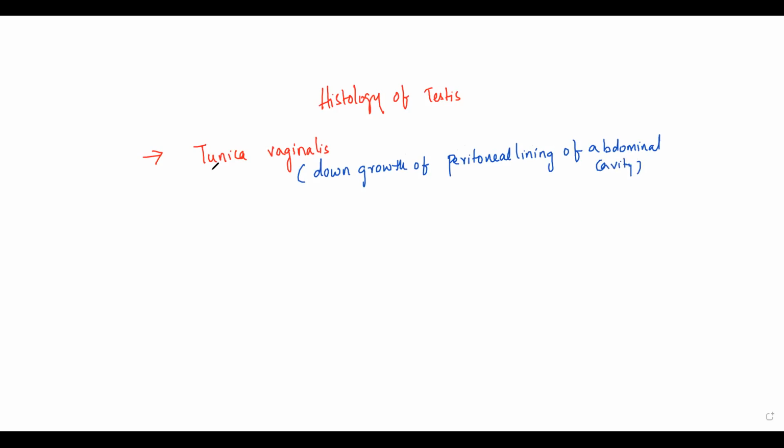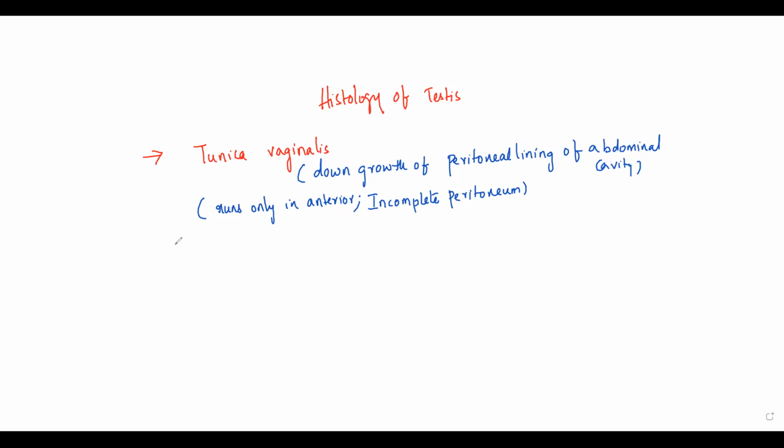And the tunica vaginalis runs only in the anterior. Okay, this is also important. This is an incomplete peritoneum. This is what I want you to remember.